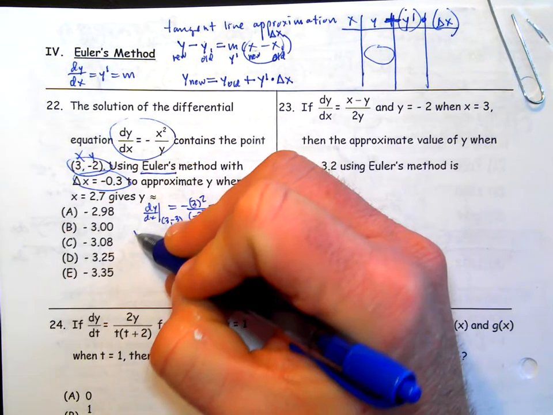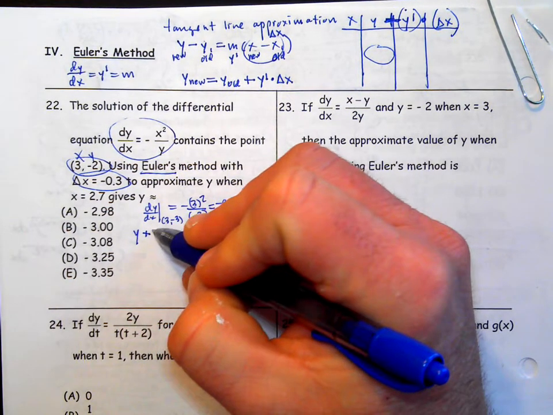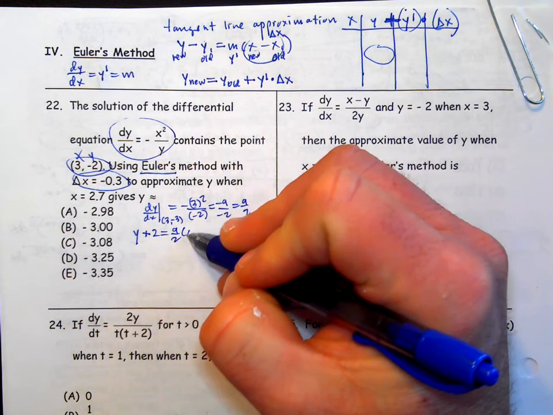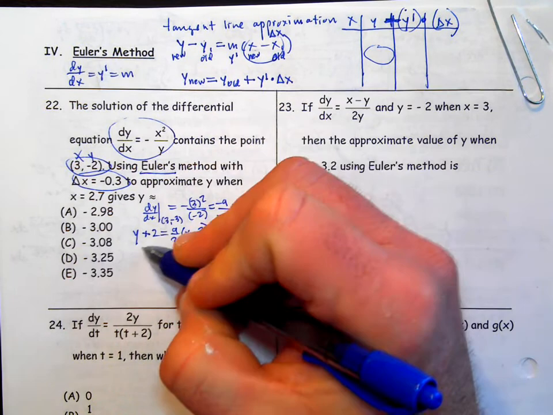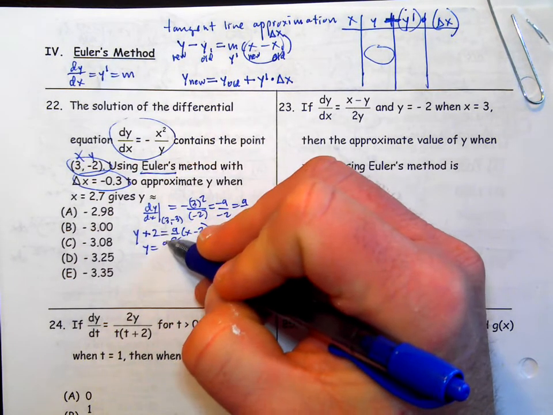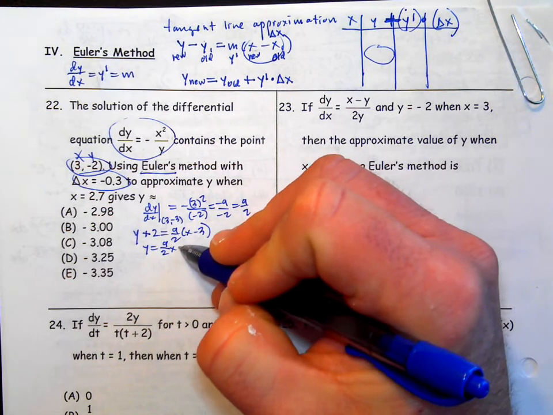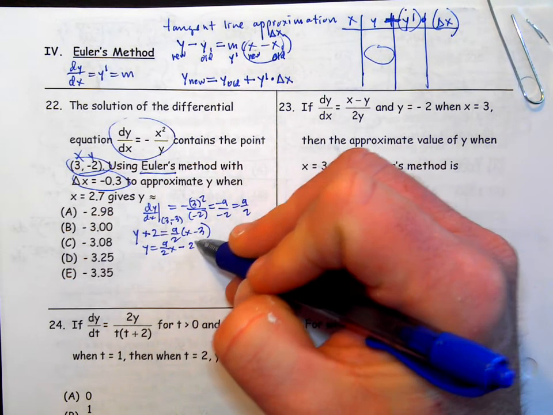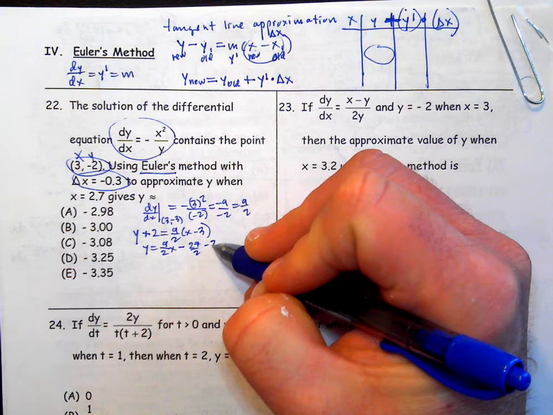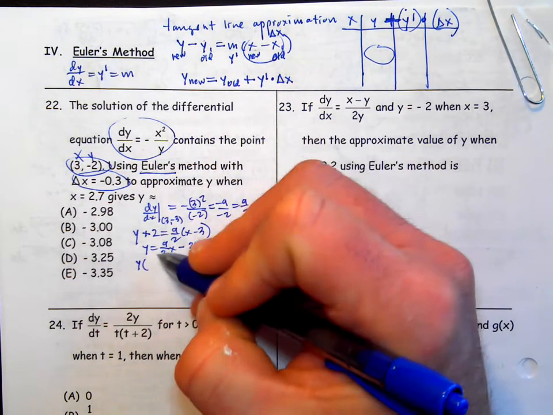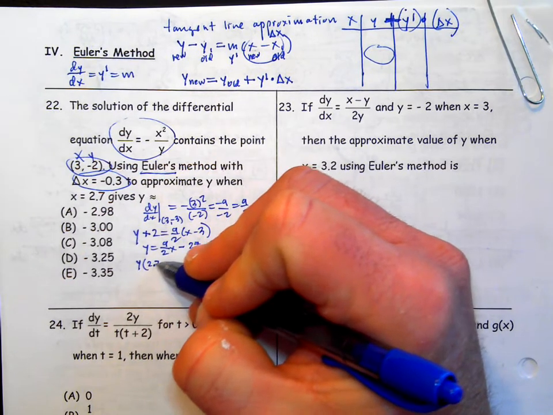And so then y minus negative 2 equals positive 9 halves, x minus 3. And then if you want, you could simplify this, 27 halves minus 2. And so then what we're going to do is use this tangent line to approximate 2.7.